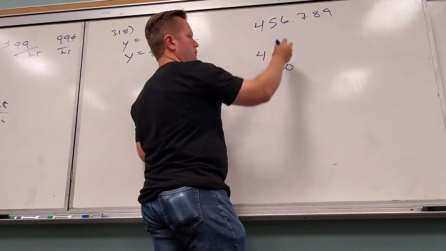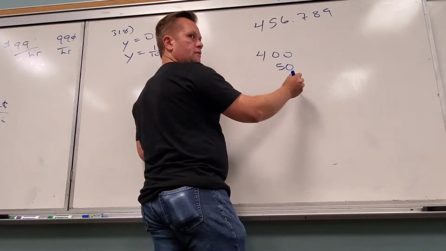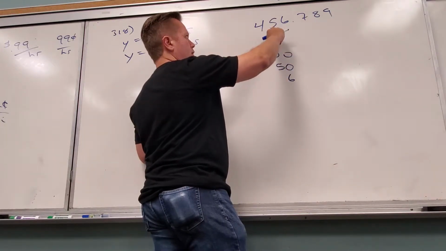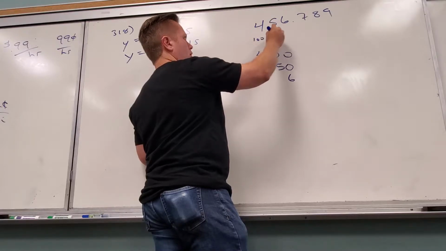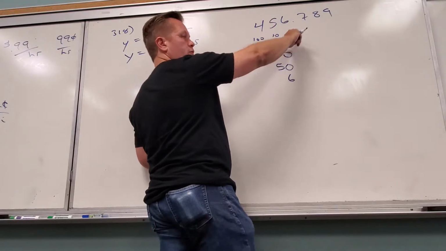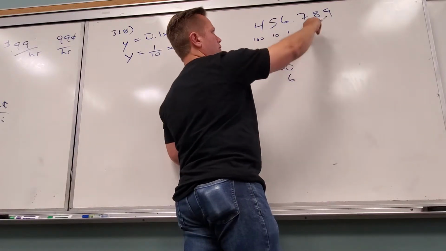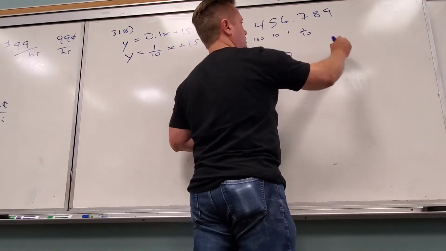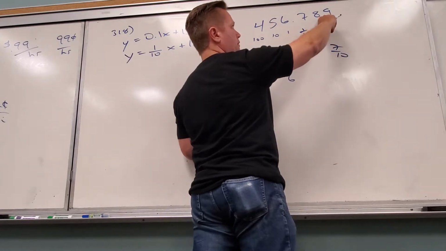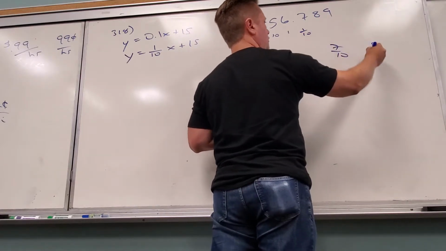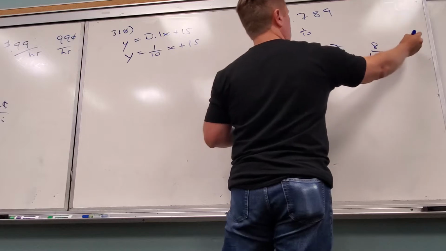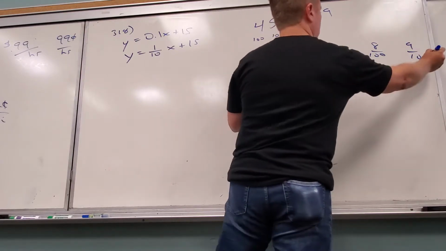This represents 6 ones. So hundreds, tens, ones. See how I keep dividing by 10. So what place must this be? Tenths. So this represents 7 tenths. This represents 8 hundredths. 9 thousandths.